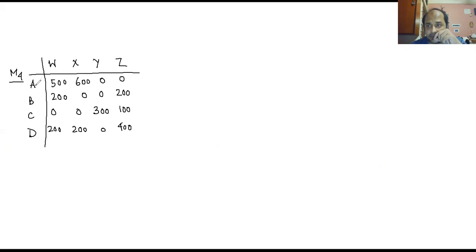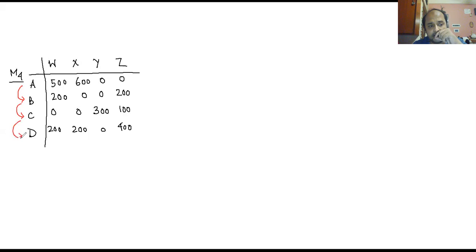So again, I'm going to perform the same operation discussed in step number 4. Let us start with row 1, which means row A. Row A contains not a single 0, so I cannot make an assignment here. Go to the next. Row B contains no single 0. Cannot make an assignment here. Next, row C contains two zeros, so I cannot make an assignment here.